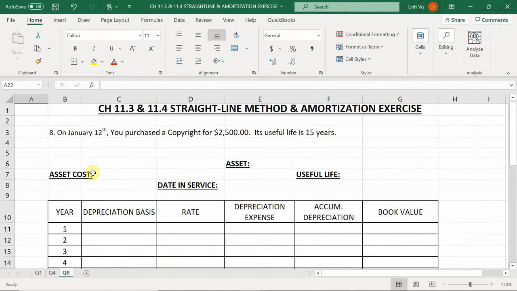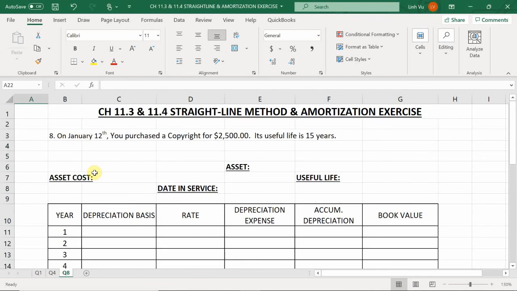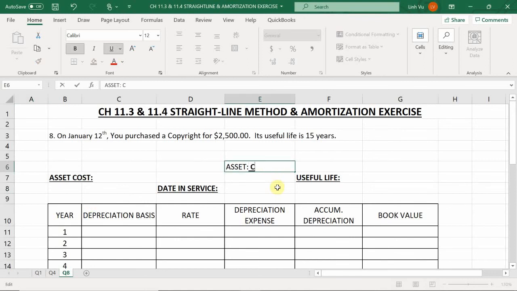Last question that we have here is going to be an amortization problem. So we have here that on January 12th, you decided to purchase a copyright for $2,500 and its useful life is 15 years. So the asset that we bought is a copyright.